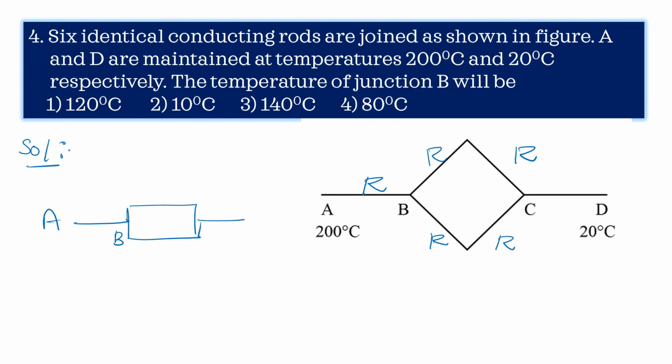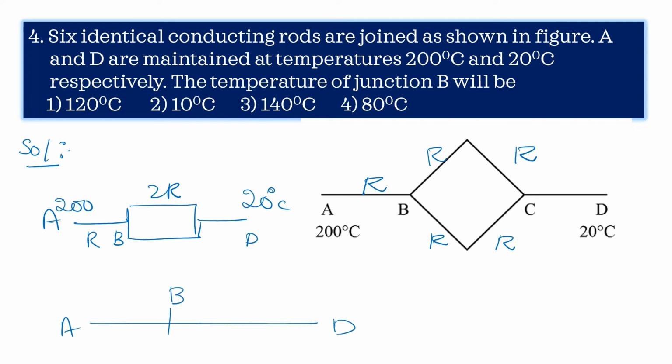A is at 200 degree centigrade and D at 20 degree centigrade. So from A to D, through B and C, we are finding the temperature of junction B. Up to B here theta 1 and here theta 2.